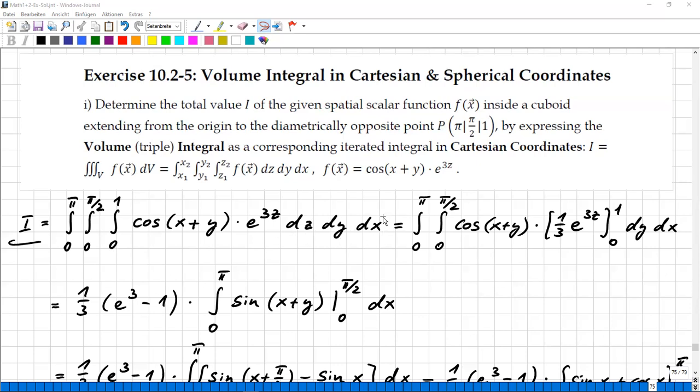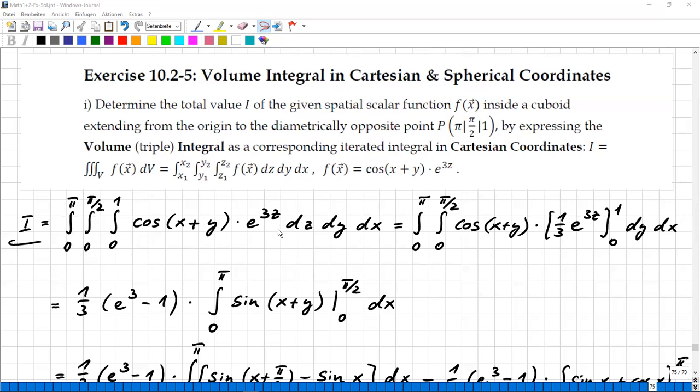But I decide the inside integral to be referred to the z coordinate. So here the limits have to be from 0 to 1. We go from inside outward, and then the second differential refers to the middle integral from 0 to pi half for y. And the last one only refers to the x coordinate, which runs from 0 to pi. So this is the term.